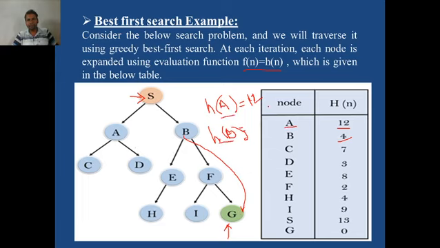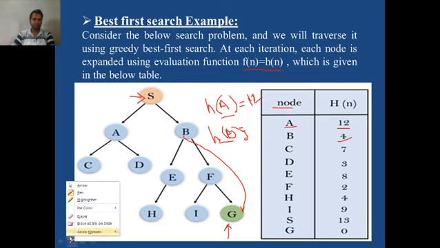So in the first column you find the list of nodes, and in the second column you find the cost associated with those nodes to reach the goal, that means the associated heuristic cost. So this is the problem. The problem is given, okay, and you have to find the optimal path to reach the goal node. So what is your objective?